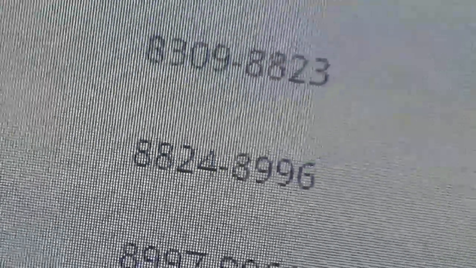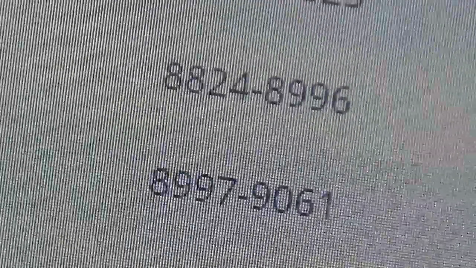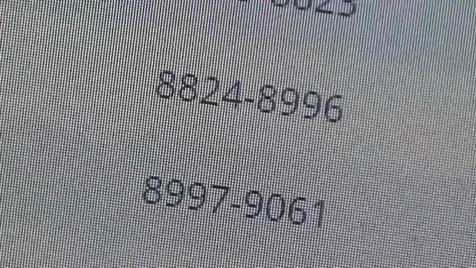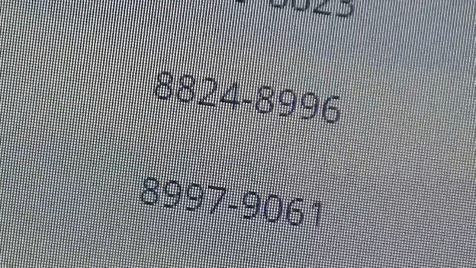Now for a regular SD70AH, it's 8824 to 8996. There is a difference between them. The number series could vary. The top one is for a regular SD70AH, but for the Tier 4, it's different. So yeah, that can vary sometimes.